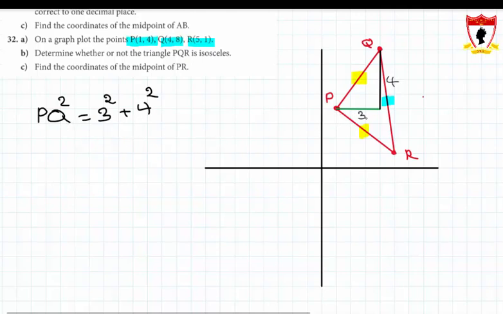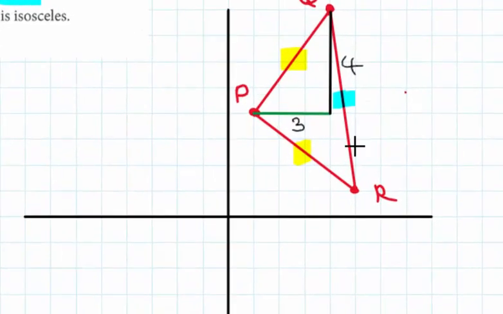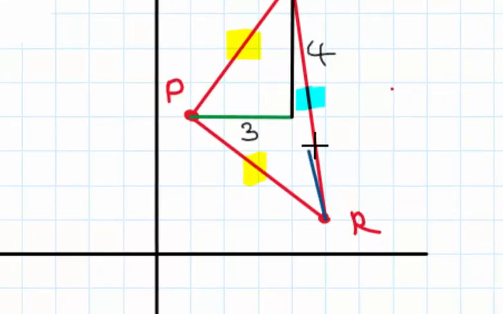And let's do the same thing for PR. For PR, we are going to add two straight lines. So this is the first line, because we must make a straight line here to have a 90-degree angle, and then join this to point P. Now we have a 90-degree angle between points P and R. This is a 90-degree angle.